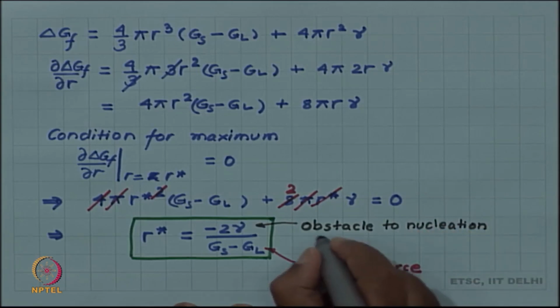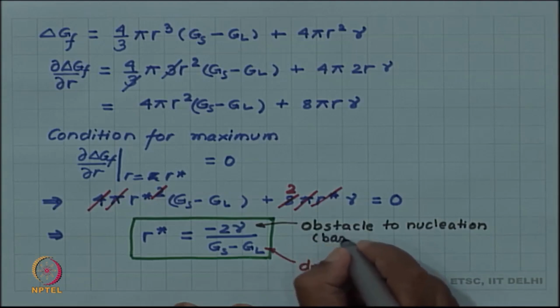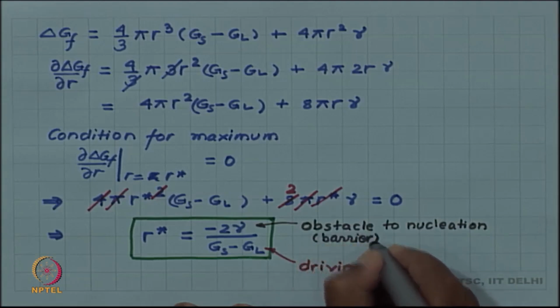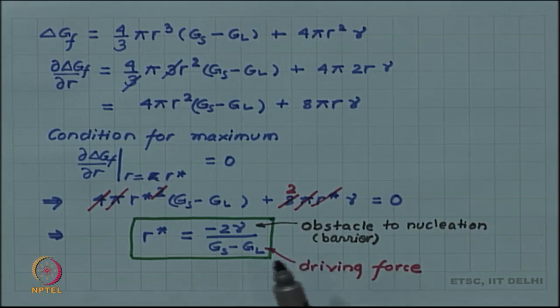Obstacle or barrier you can call. So, larger is this barrier, larger is R star. This is again understandable, because if more is the barrier, nucleation becomes difficult, and that is reflected in the fact that you have to assemble larger number of atoms now, make a larger radius of ball for nucleation to happen.